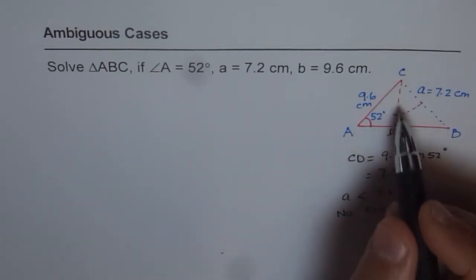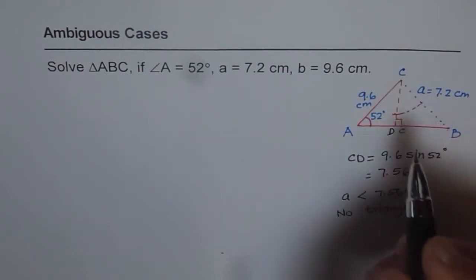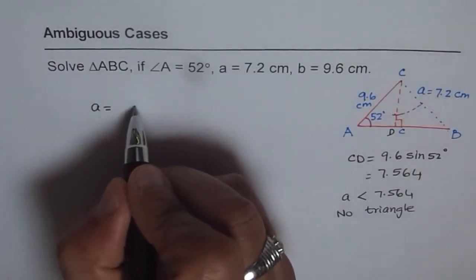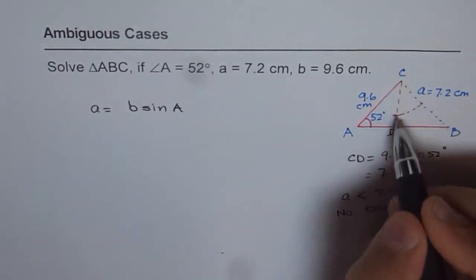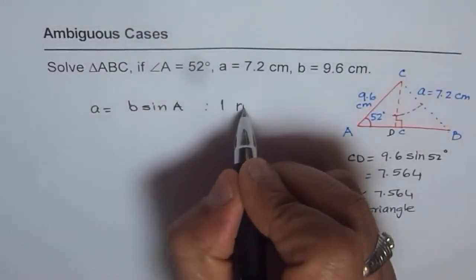So in a way we get three conditions from here. In general, if we consider triangle ABC, if a equals b sine A, we form one triangle, which will be a right triangle.